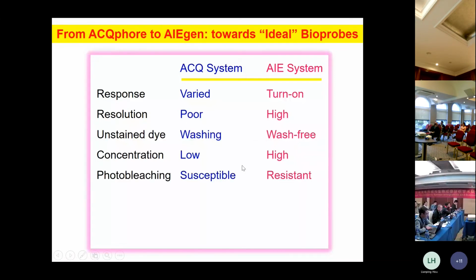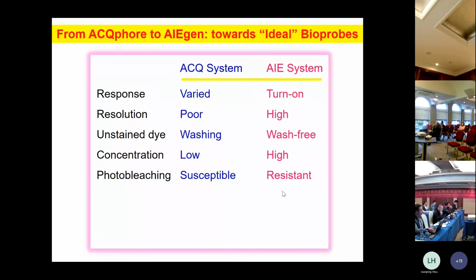And our AIEgen is very stable. It's resistant to photobleaching. Sometimes people ask me, why is your AIEgen so photostable? Actually, it's not because it itself is photostable, but because it's a nanoparticle. As I just mentioned, for the conventional system, you have to use a very, very dilute solution, so they are molecular species.